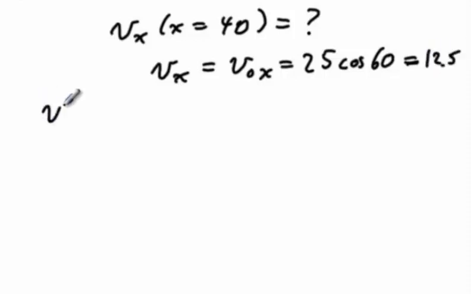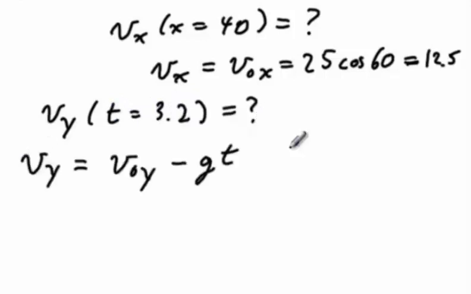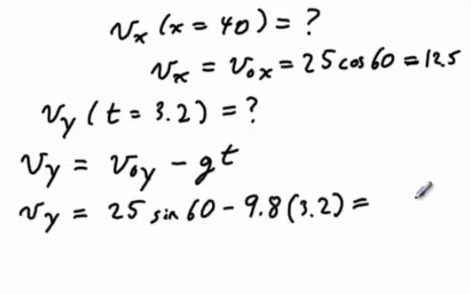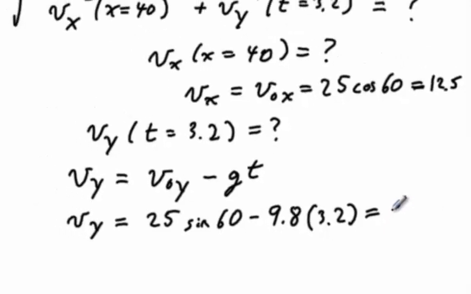Vy, on the other hand, is going to take a small calculation under the condition of t is 3.2. We will turn to the Vy-t equation, which is written as Vy equals V0y minus gt. Plugging in a time of 3.2, we get the result Vy is 25 sine 60 minus g times 3.2, yielding the result negative 9.7 meters per second.